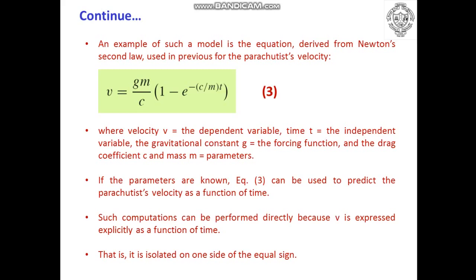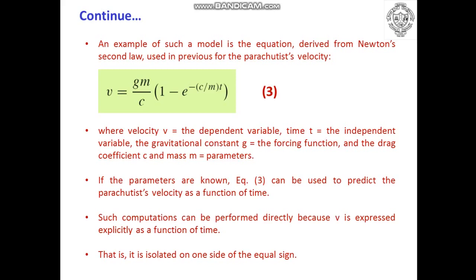Now consider the example of the model for a parachute, derived from Newton's second law, which was used in the previous session for calculating the velocity of the parachutist. If you remember that equation, it was V, velocity, equal to g into m, that is gravitational acceleration into the mass of the parachutist, divided by c, into 1 minus e raised to minus c divided by m into t.